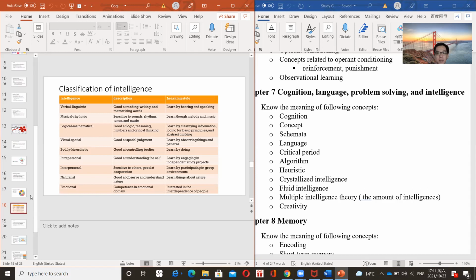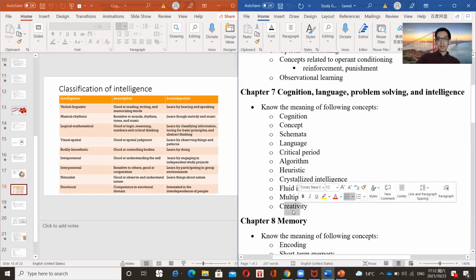If you like, you can, but in the text, we don't have to know about it. We just need to know there is a theory called multiple intelligence theory. It says that there are different kinds of intelligences that people can have, and there are 8 types in total.